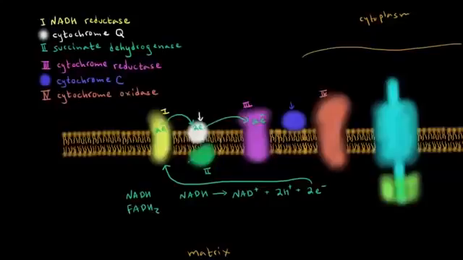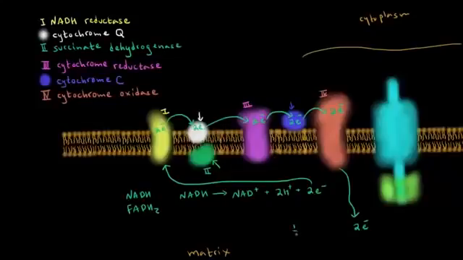And in case you're wondering where this enzyme 2 comes in, FADH2, when it gets oxidized, its electrons go directly to enzyme 2, from there to cytochrome Q, from there to 3, etc. But anyways, back to what's happening to our NADH. So the 2 electrons are on enzyme 3, then they go to cytochrome C, then they go to enzyme 4, and then finally, those 2 electrons are used to reduce oxygen and make water.